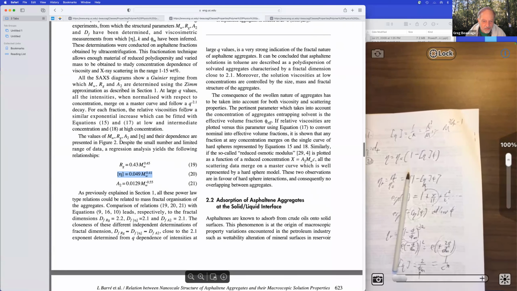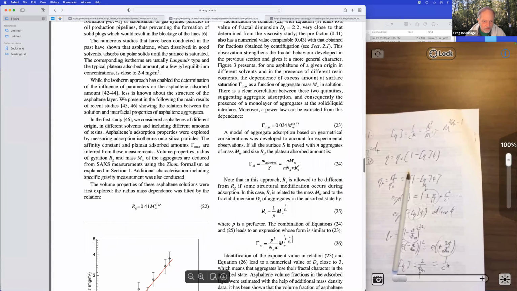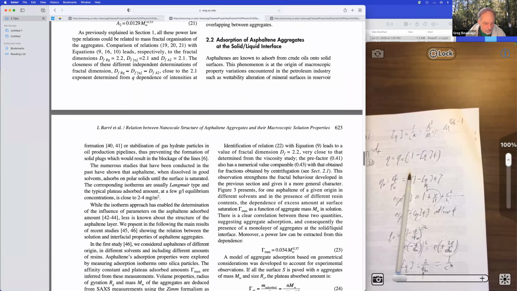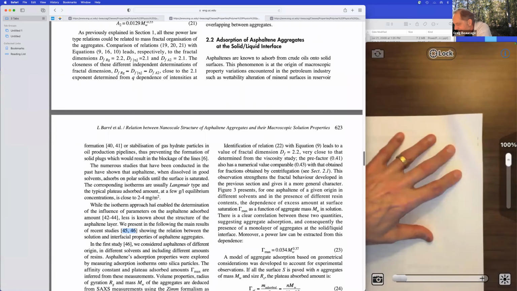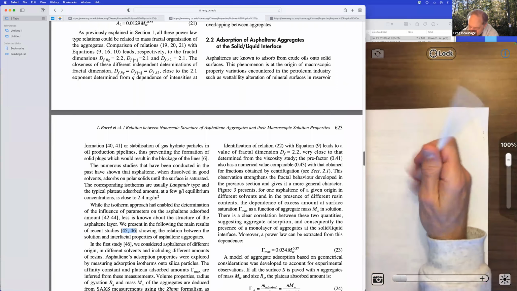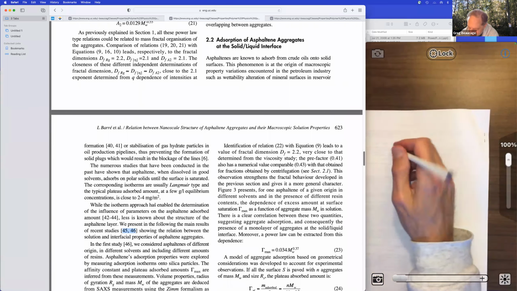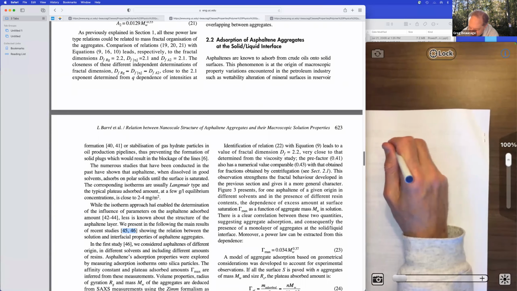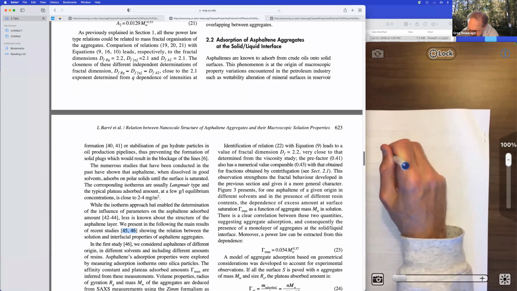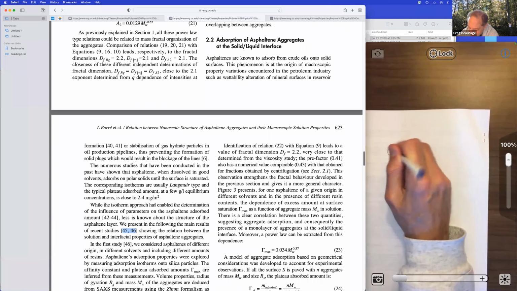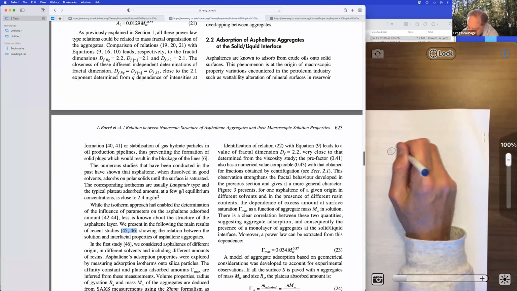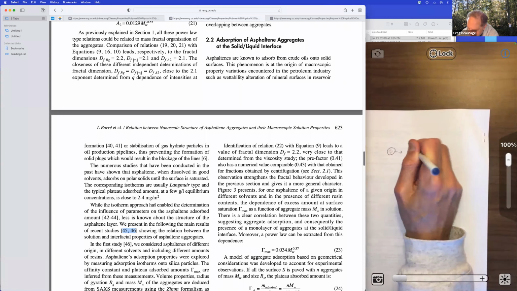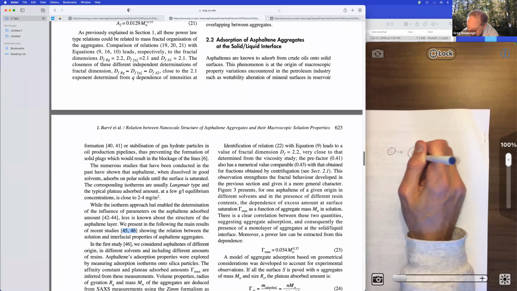Then he goes on to study the surface, or he reports on what he already reported on. So he's got two other papers, 45 and 46, where he did this. The problem is the deposition of asphaltene onto surfaces, like in pores of sand to make tar sand. He wants to measure that. So he gets some spheres, and then he sticks them into asphaltene, and he lets the stuff deposit on it.